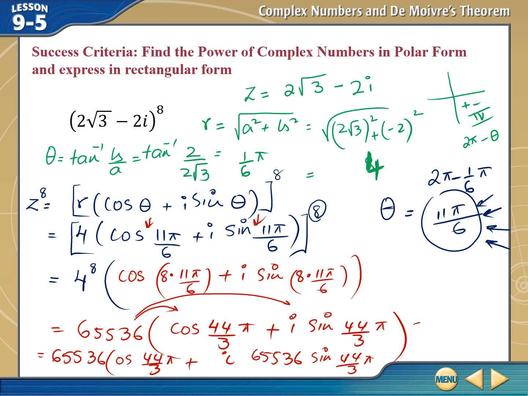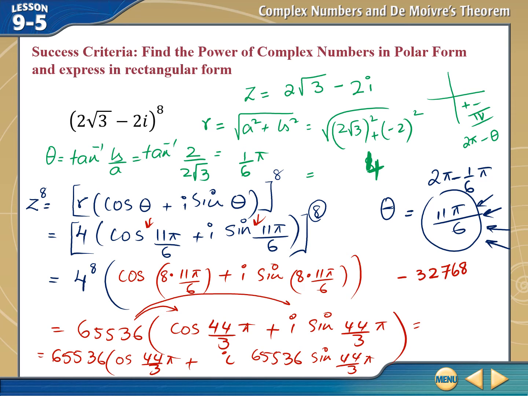Once we are done, we have to just write in the calculator one by one to get our value. First of all, write down 65536 cosine of 44 pi over 3, and it will give you minus 32768.